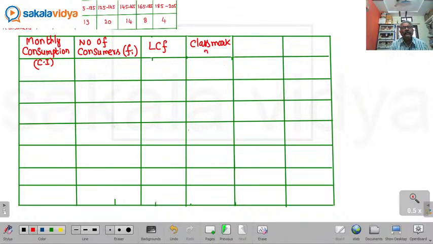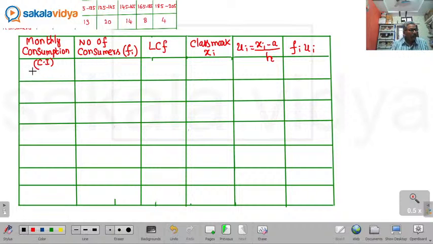So class mark, that is XI. Now you find UI. UI is XI minus assumed mean A upon H, where H is the size of the class. This is FI UI.